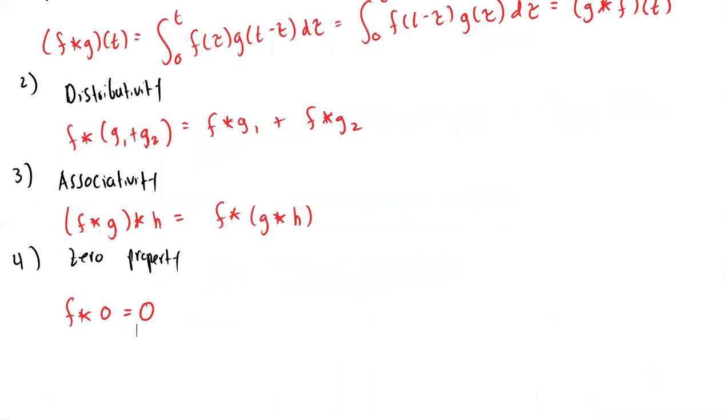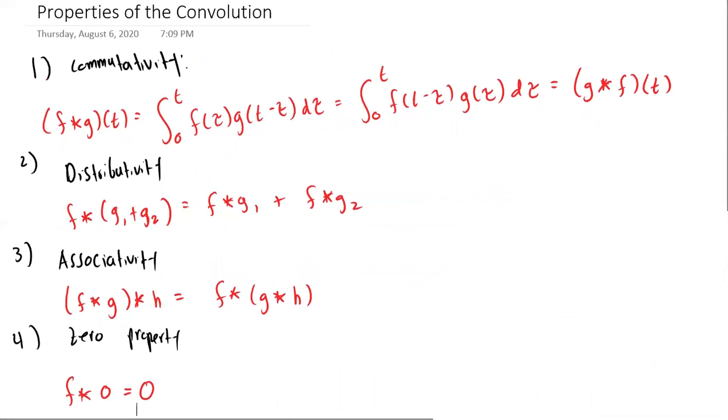So first, let me give you some properties. The convolution satisfies some nice properties. First of all, it's commutative, meaning that f star g of t is the same as g star f of t. A lot of times I'll be working with this definition, but both things are the same, whether you have the t minus tau in terms of f or in terms of g.